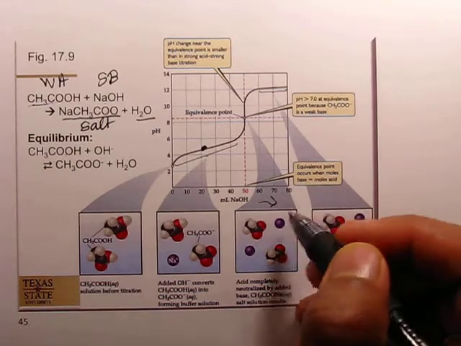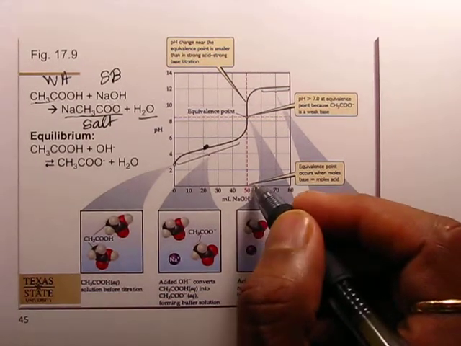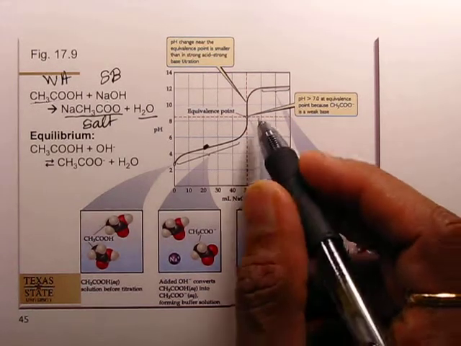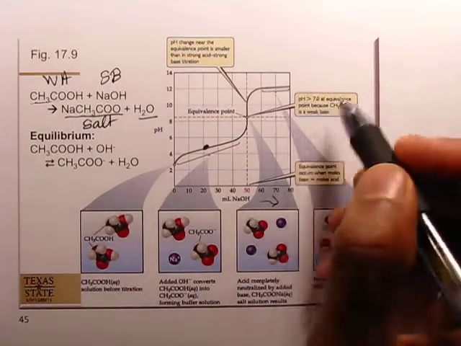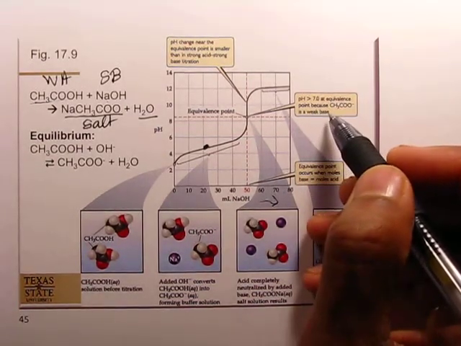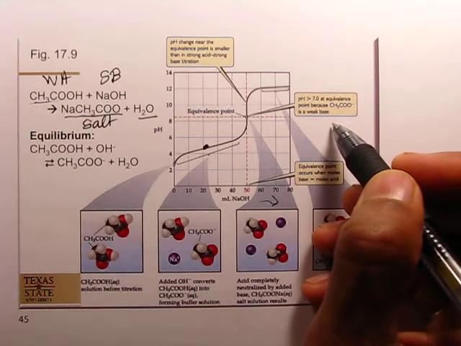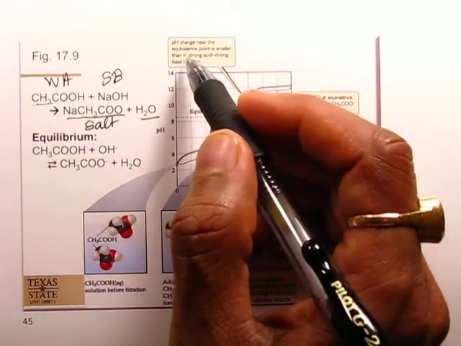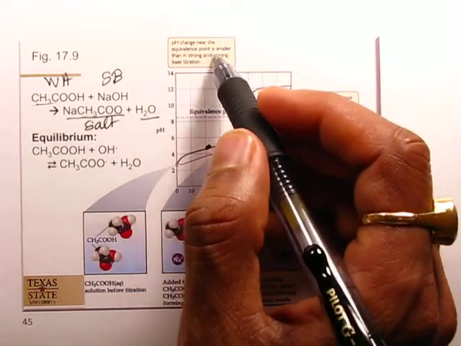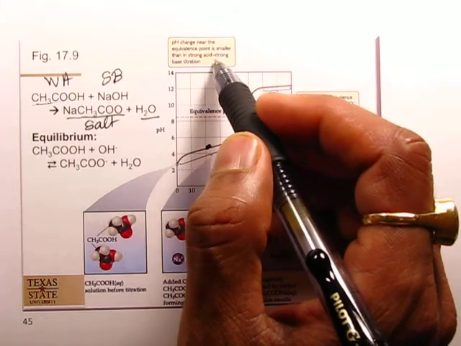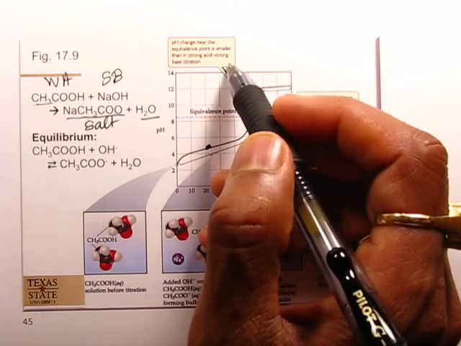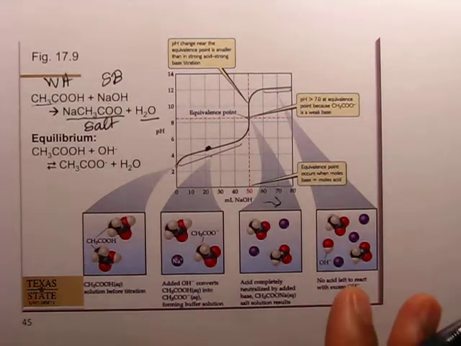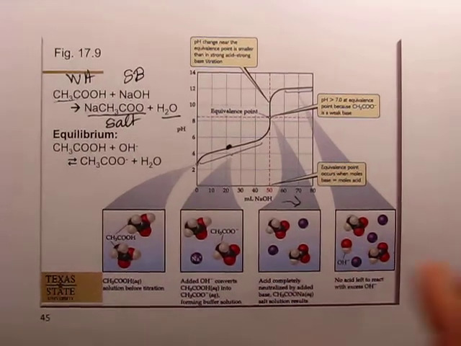This says at 50, what is the meaning of 50 ml, or what is the meaning of equivalence point? At the equivalence point the pH is more than 7 because the acetate ion is a weak base, right? The third bubble says that the pH change near the equivalence point is smaller than in strong acid and strong base titration. So let's understand this graph to see how to calculate the pH at different levels.